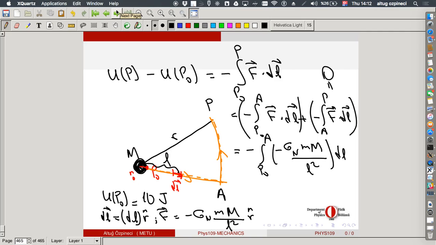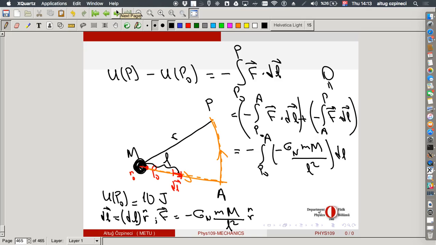Why is the second part of the integral 0 while the first part is not? Well, the main difference between this part and this part is the direction of dl. In the first part, let's say that this is my large mass and I'm the small mass. The force is in that direction, and I'm moving in this direction, so the force is doing negative work on me.